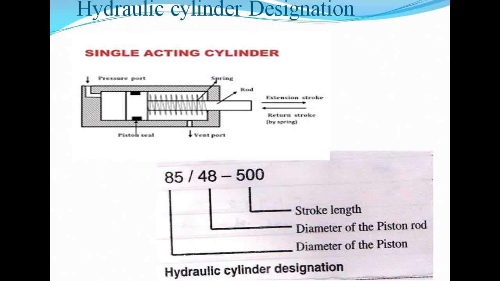You can see from this point to this point, that is the diameter of the piston, and 48 is the diameter of the piston rod. So this is the piston rod. This is how a hydraulic cylinder is designated.